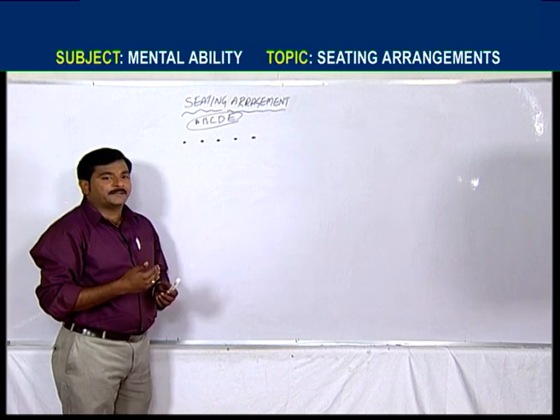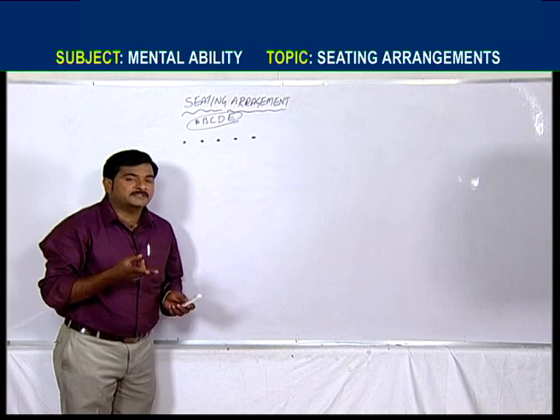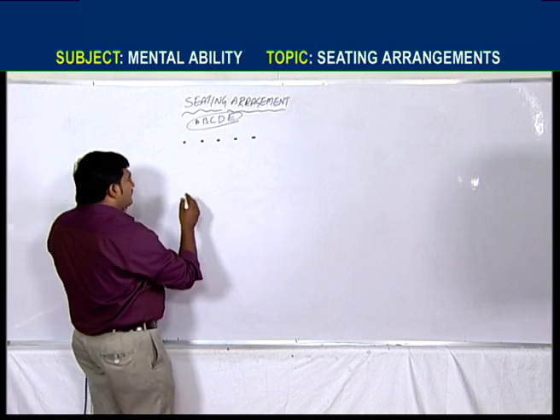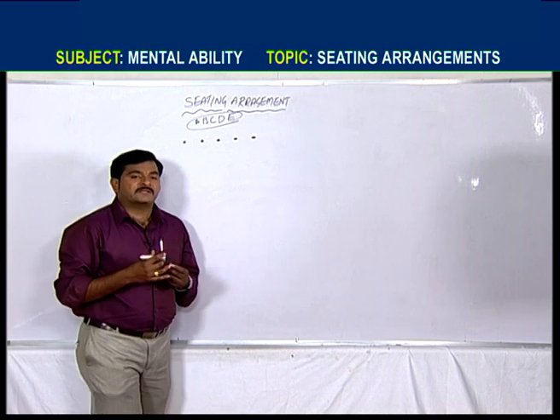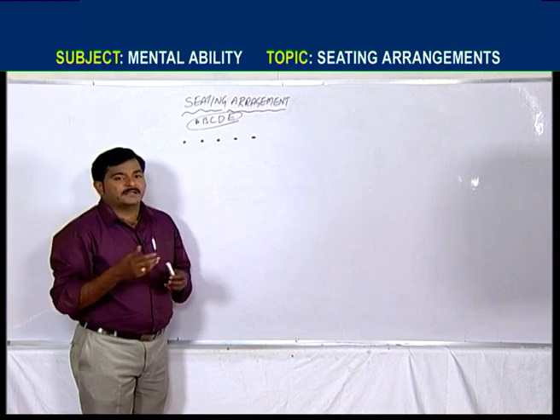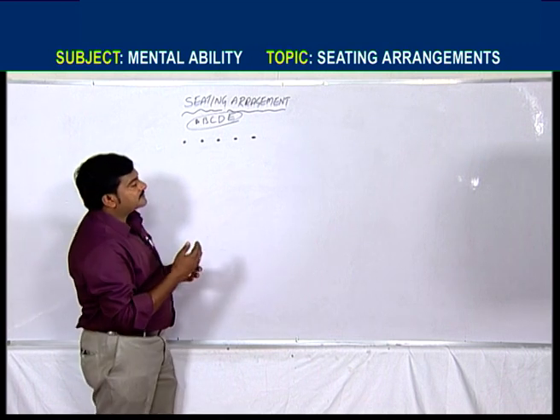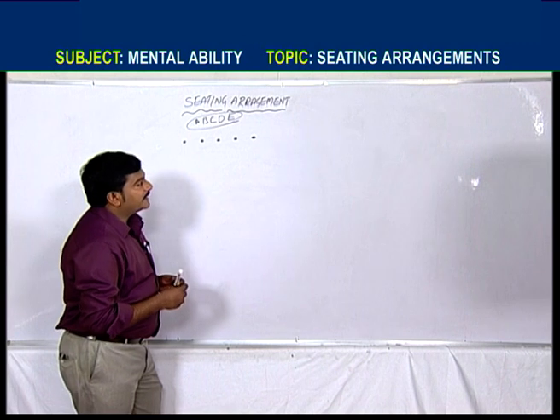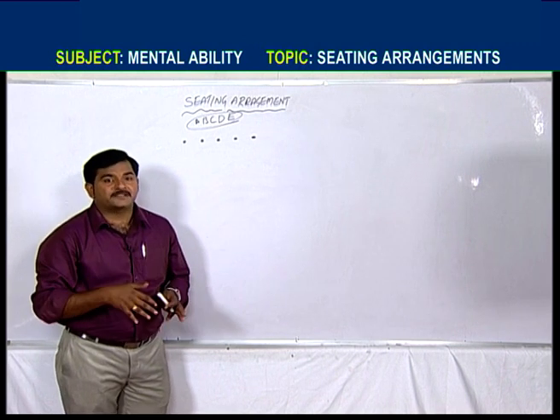A is sitting next to B. Here A sitting next to B means there are 2 conditions. For example, we will discuss what is direct condition and what is indirect here. So first is A is sitting next to B. Next he mentioned here: C is sitting next to D. So these 2 are the indirect conditions only.